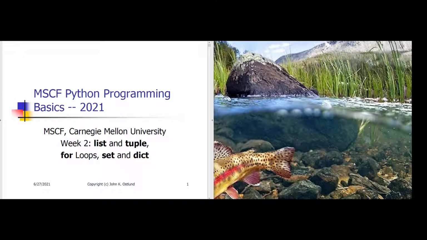So we have item sub 0, item sub 1, item sub 2, and so on. But in a dictionary, you can be more flexible with the keys. So you can use strings for keys and do things like mapping from a user's name as a key to that user's email address as an associated value. So that's what we're going to take a look at here in Week 2. Let us commence.